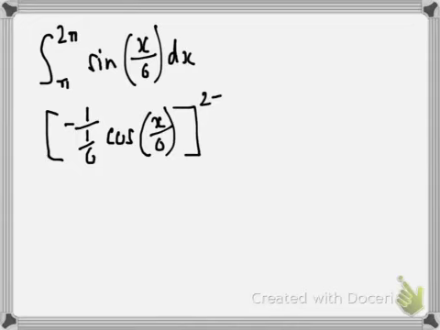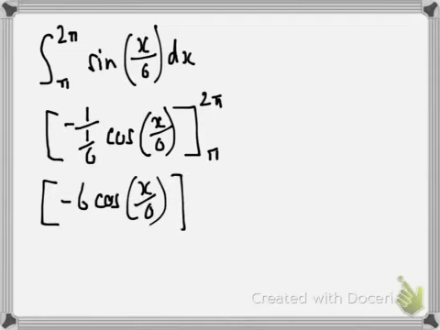And our terminals are 2 pi and pi. Negative 1 over a 6th is going to be negative 6 cos x over 6. Terminals 2 pi and pi.